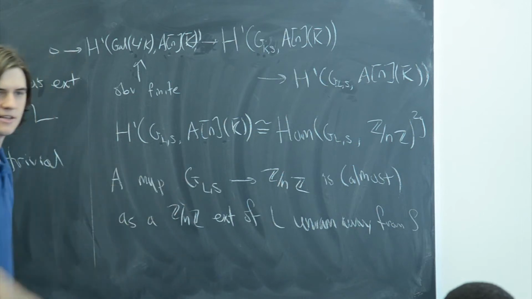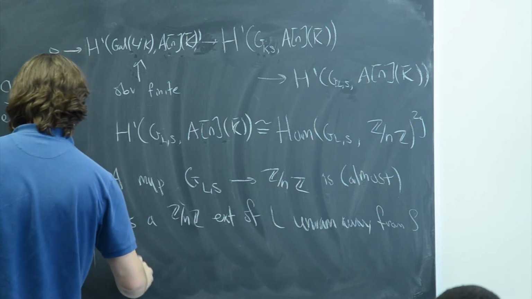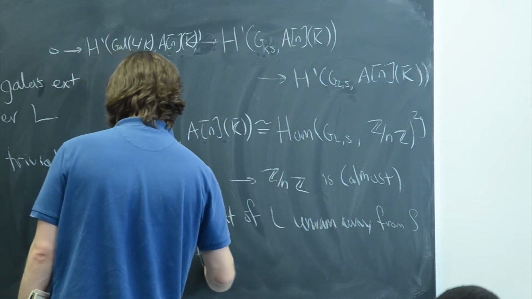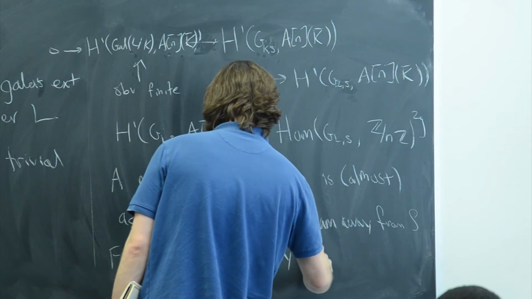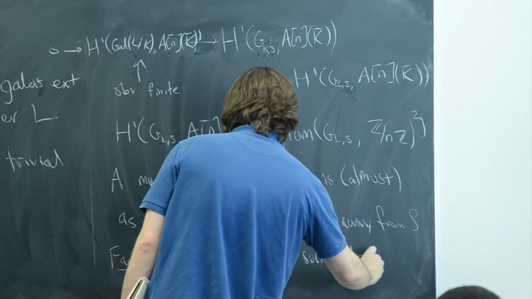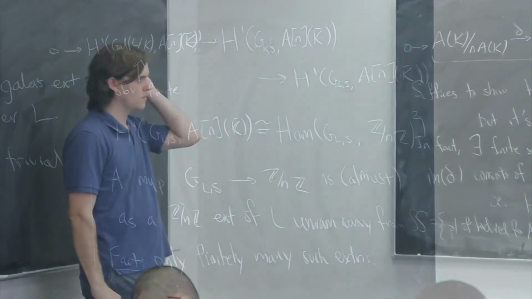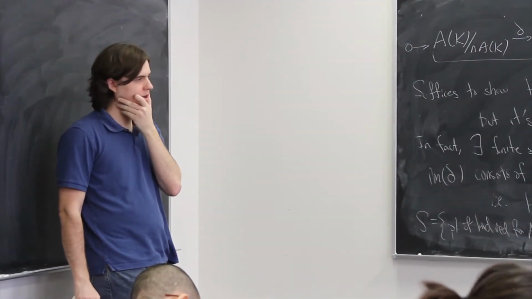And there's only finitely many such extensions. So that means that this Hom set's fine. So a fact from number theory is there's only finitely many such extensions. And that does it. Are there any questions?